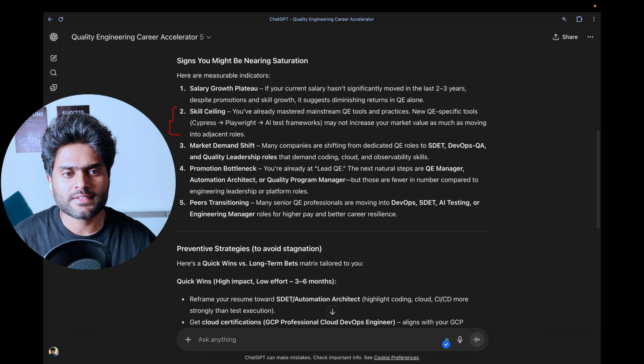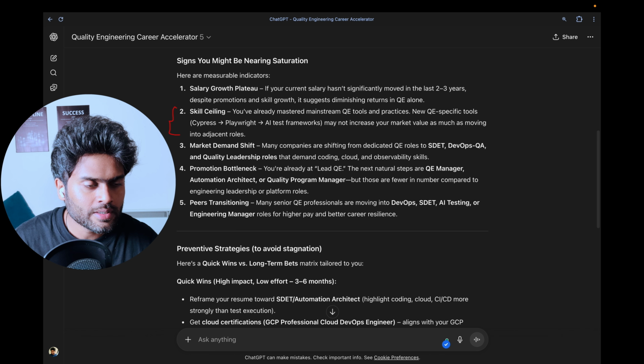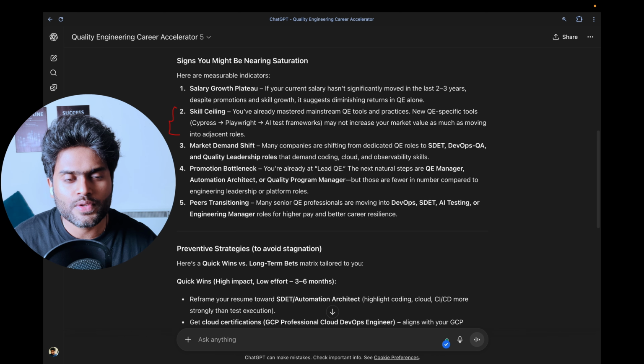What it suggests is I have to move into adjacent roles. Could be the next one here. Market demand shift. Many companies are shifting from dedicated QE roles to SDET and DevOps QE and quality leadership roles that demand coding, cloud, and observability skills.